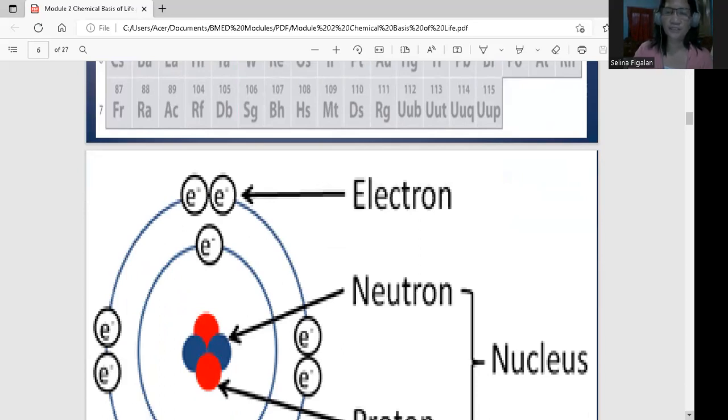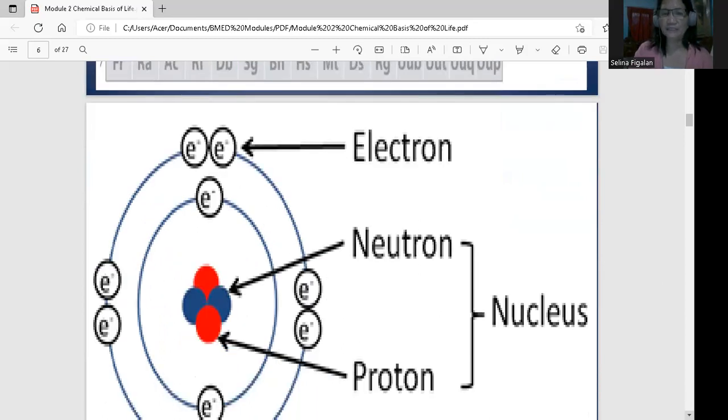Your element is made up of an electron, neutron, and proton. The neutron and the proton are found inside the nucleus. So here is the nucleus, and inside the nucleus there are neutrons and protons.